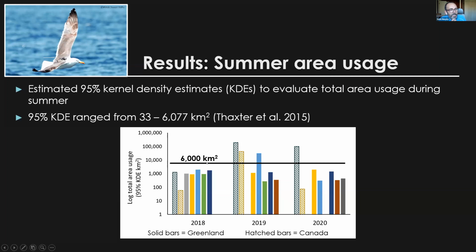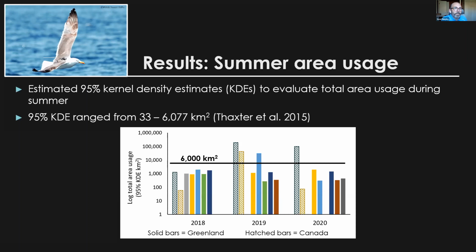And this cutoff of 6,000 square kilometers is a published value from Thaxter et al. in 2015 that looked at kernel density estimates for birds in the Netherlands, same subspecies, with known breeding. So the breeding status was known, and space use was tied to that breeding status.